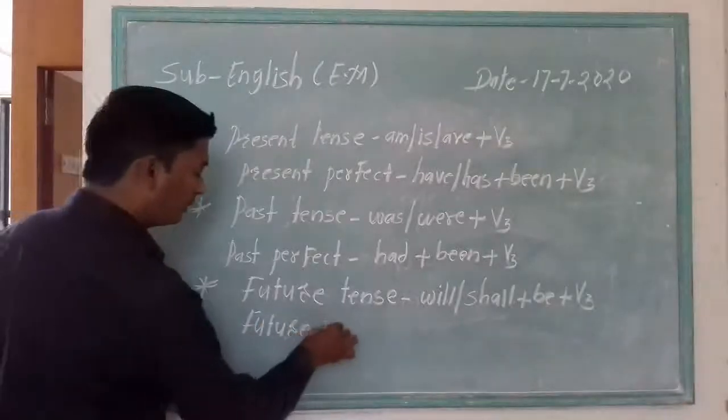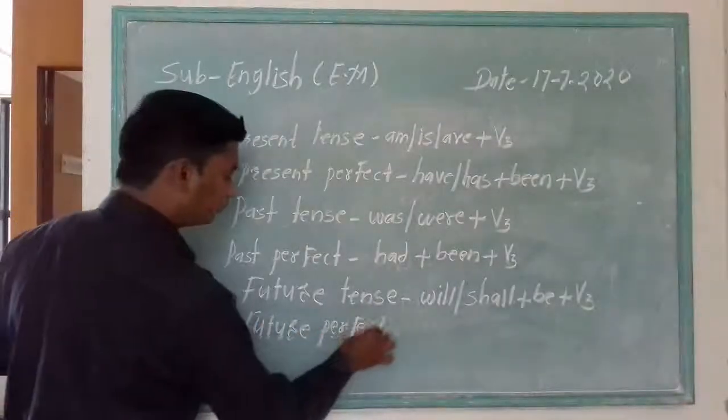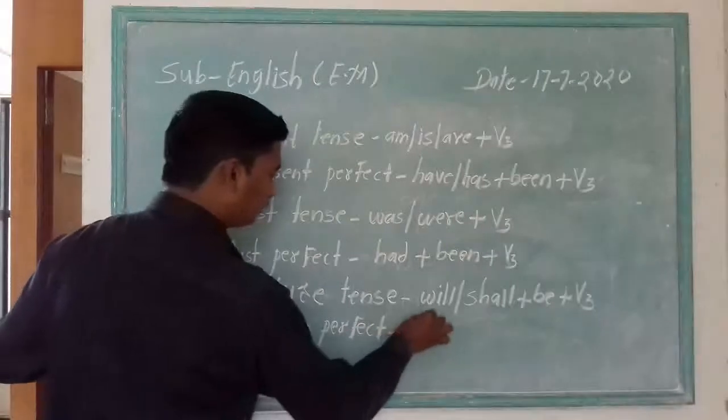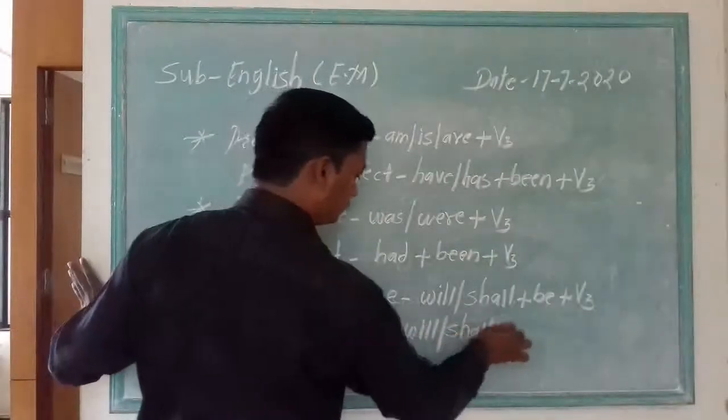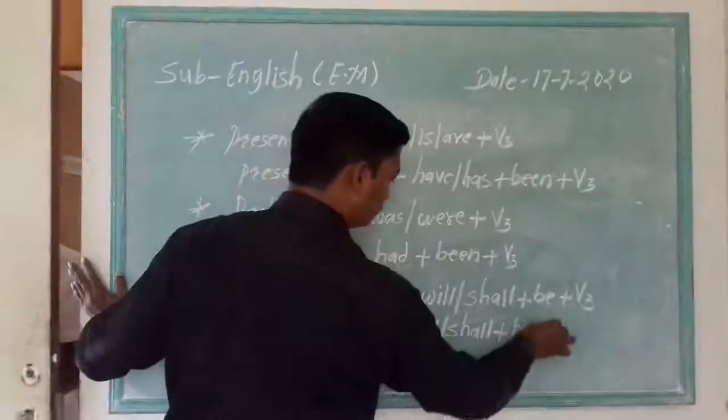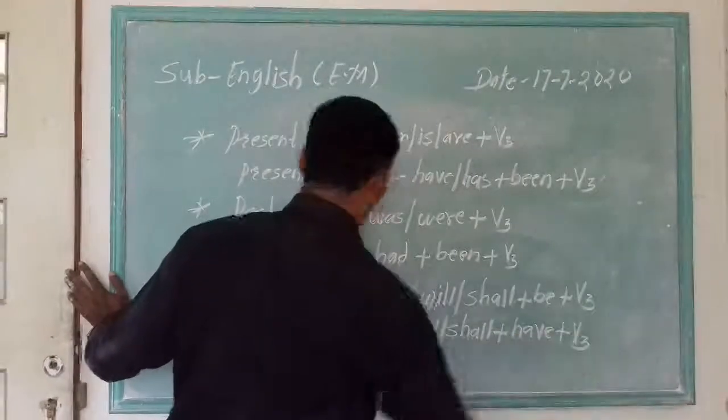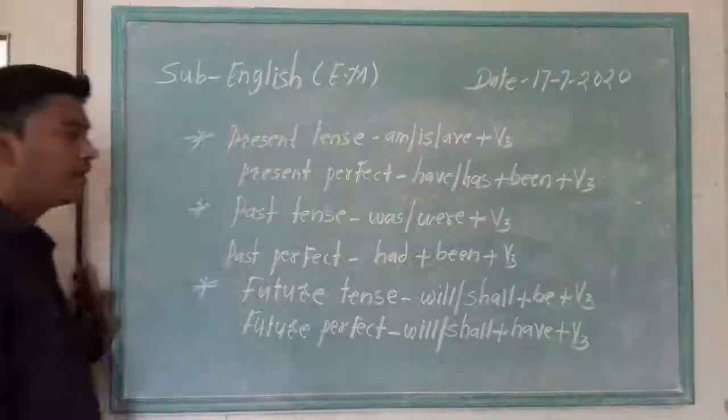Future perfect: shall, will plus have plus be plus V3.